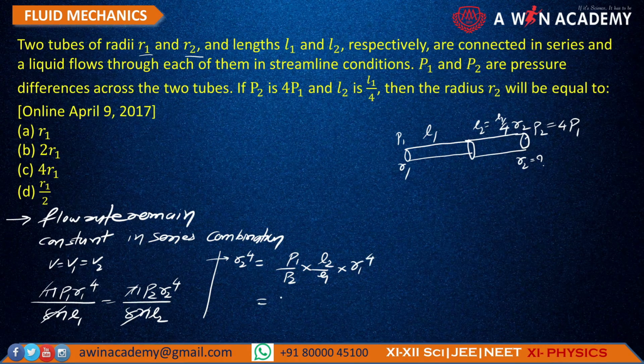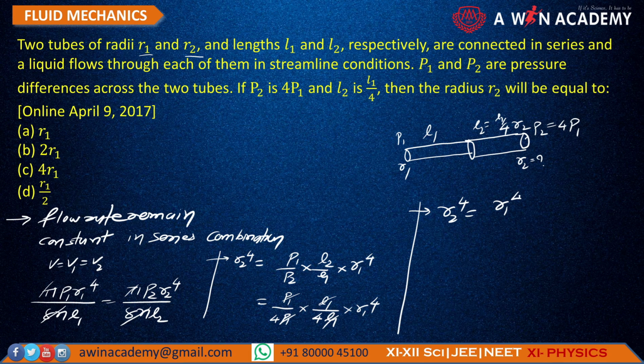So P1 is P1, P2 is 4P1, L2 is equal to L1 by 4. This is R1 raised to 4. Here L1 cancels, P1 also cancels. So R2 raised to 4 is equal to R1 raised to 4 upon 16.